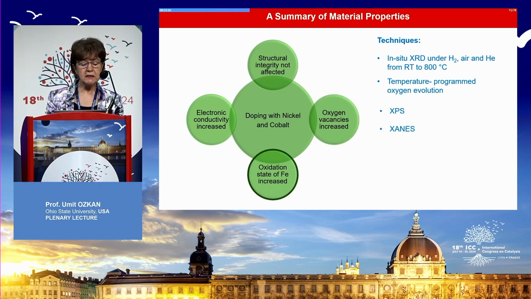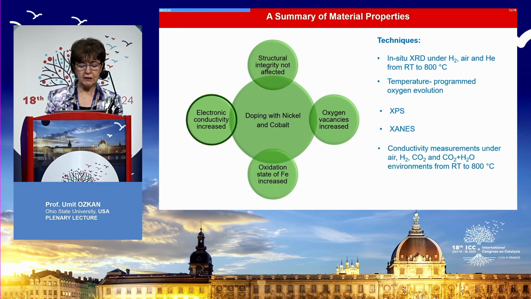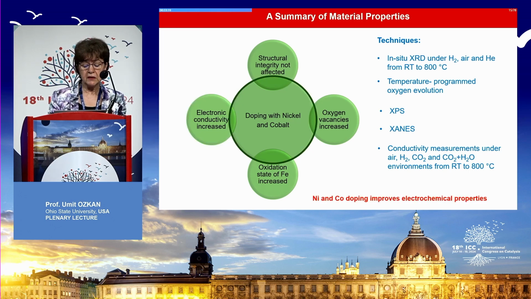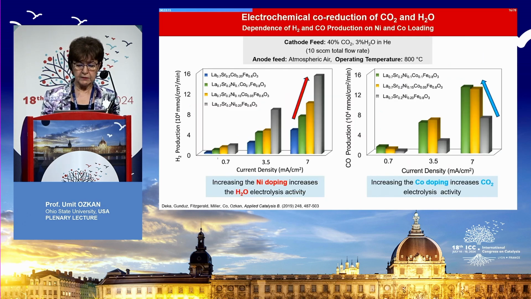XPS and XANES data show that the oxidation state of iron has increased. The conductivity measurements taken at different atmospheres and different temperatures show electronic conductivity has also increased with B-site doping. So to summarize, nickel and cobalt doping is improving the electrochemical properties.